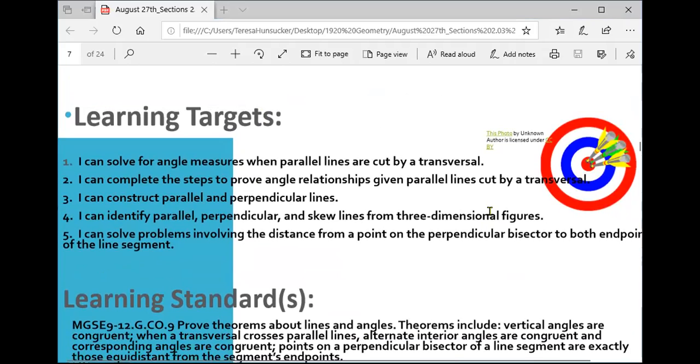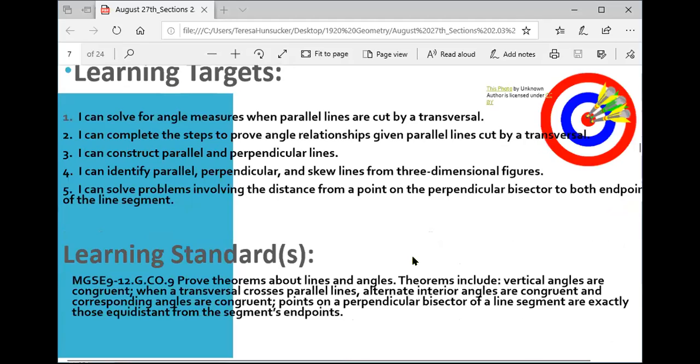Okay. Katana, go ahead and grab the mic and read our learning targets. I can solve for angle measurements when parallel lines are cut by a transversal. I can complete the steps to prove angle relationships given parallel lines cut by a transversal. I can construct parallel and perpendicular lines.